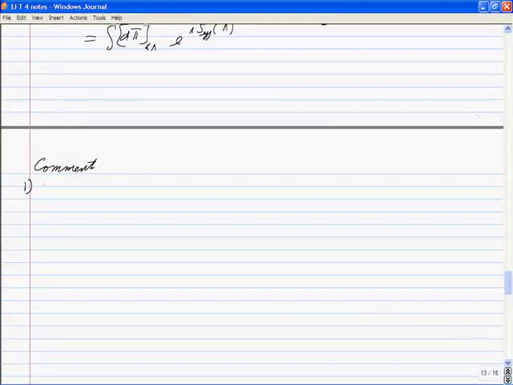So here, let's make some comments. So this also then leads to the renormalization group. Okay. Basically, the parameters in L effective depend on lambda.